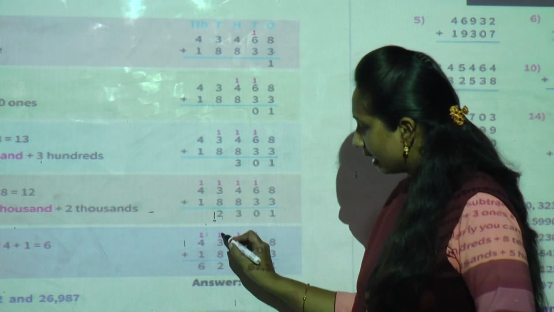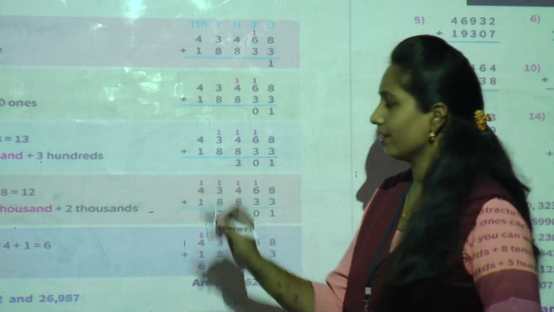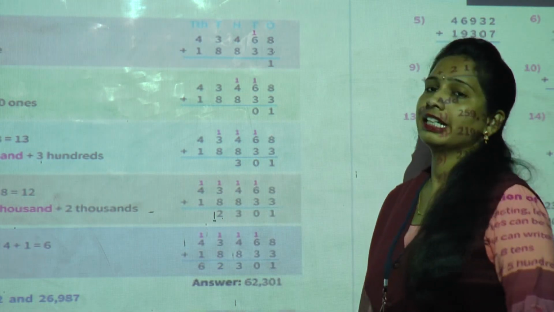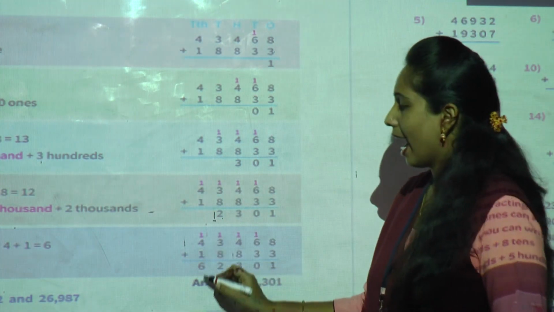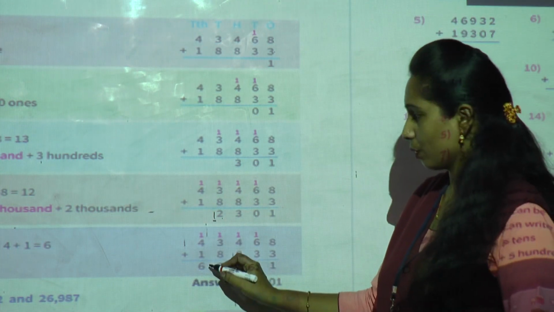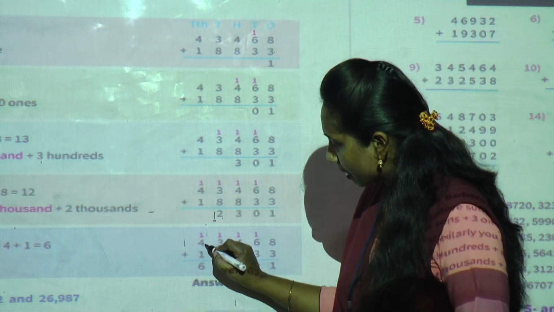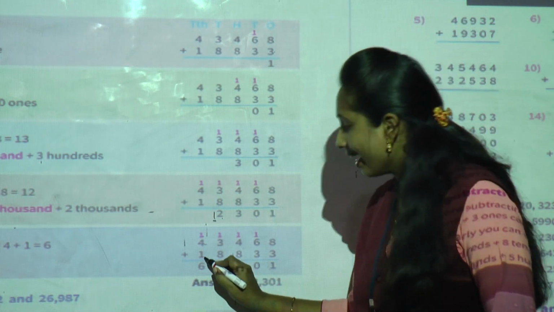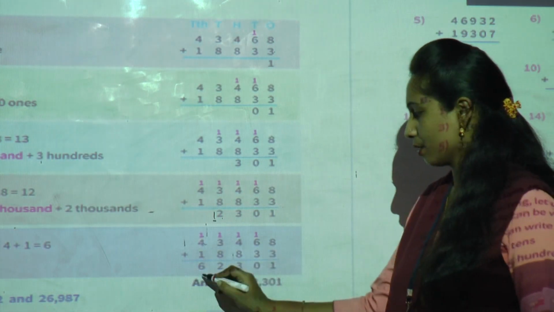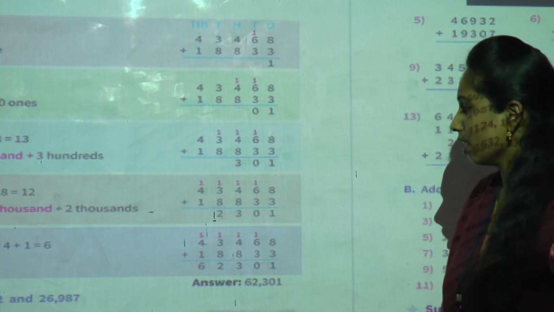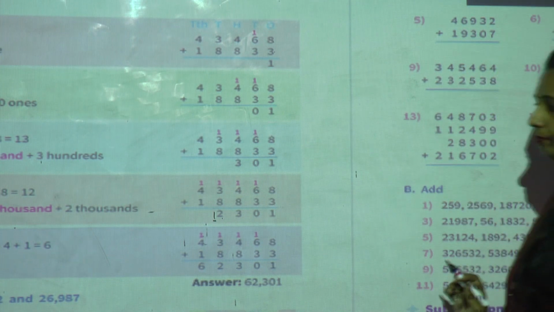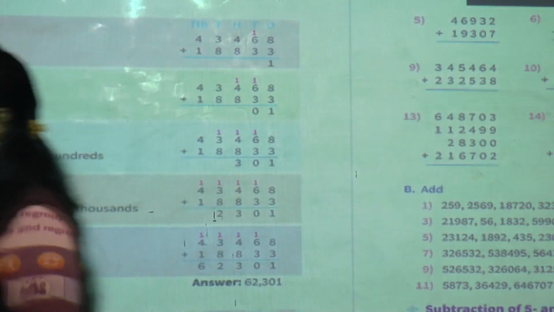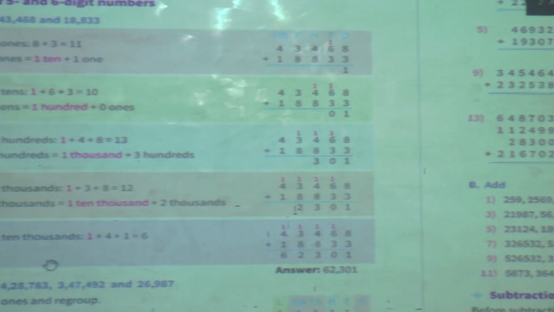So 2 we write in thousands place and 1 we carry to 10,000s place. Last, we add the 10,000s place: 1 plus 4 is 5, 5 plus 1 is 6. So what is the answer? Here we got 62,310. Got it? Understood?